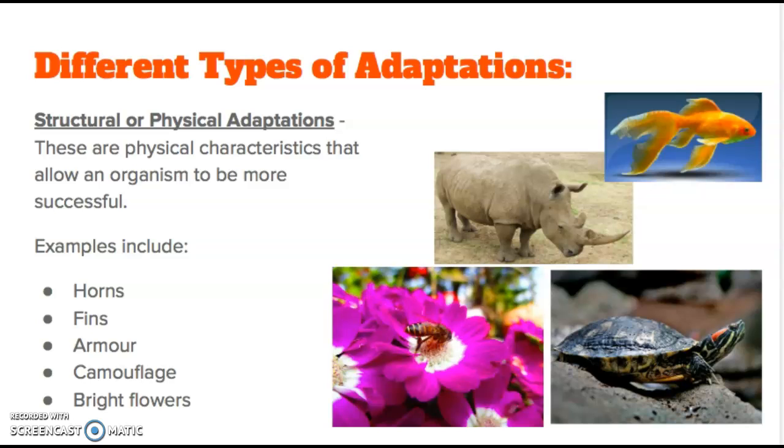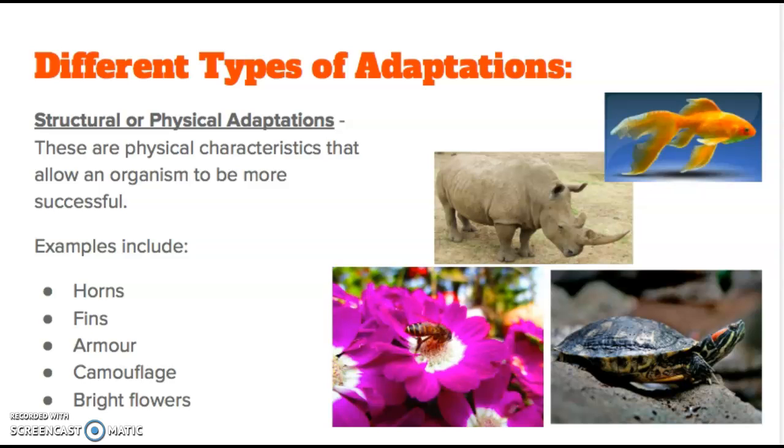Some animals have very brightly colored bodies to either attract mates, it makes them prettier, so they attract their mates better, or they're actually able to warn their predators that maybe they're poisonous or something like that to keep them from being eaten, which would make that more successful for them. So those are just a few of the different examples of things. Anything on the body that physically makes you more likely to survive would fall under this category.